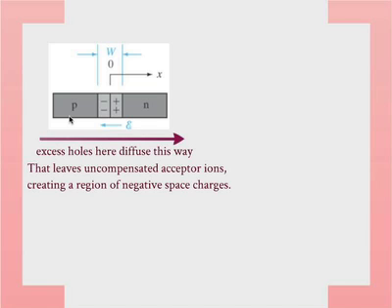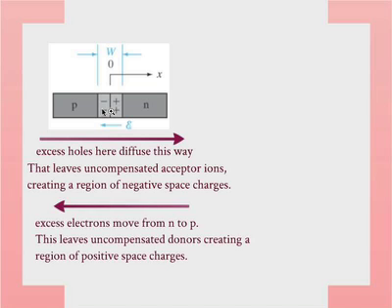And the charge of the negative ion is compensated by the hole that's flying around. But if that hole's gone, now you only have a negative ion. And that's what's here now. Uncompensated acceptors.